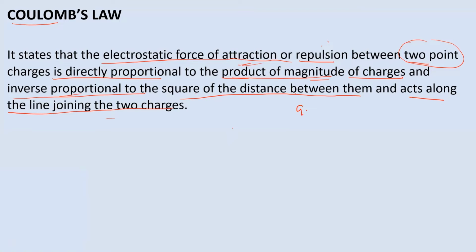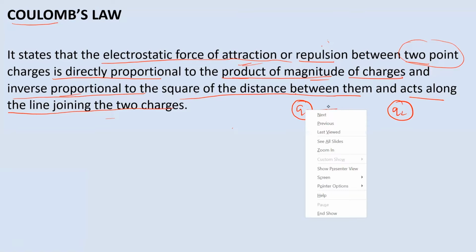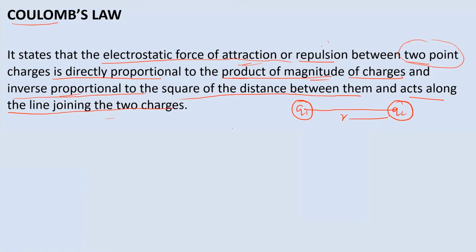Suppose I consider one charge Q1 and the other charge Q2. If I consider this to be positive and this to be negative, they will have an attractive force. If I consider the distance between these two charges to be R, with one positive and the other negative, the force between them is attractive.